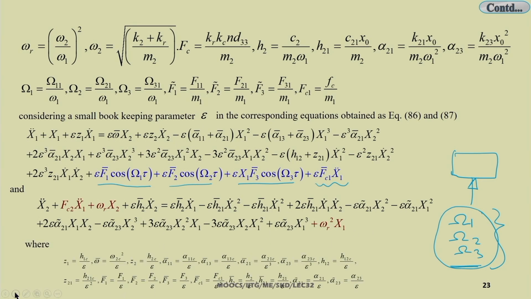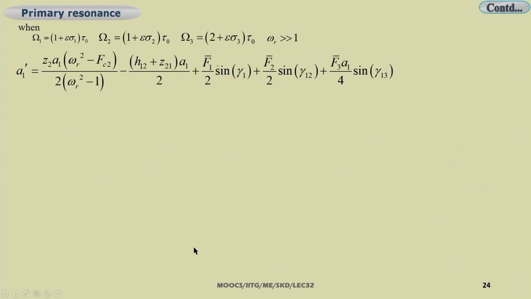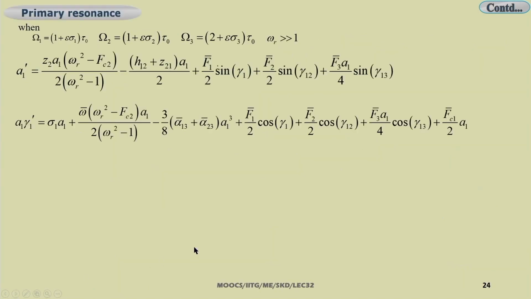Now after writing this equation of motion, one can apply different resonance conditions. For example, one can study the primary resonance condition.